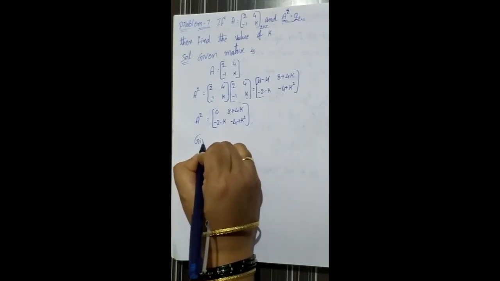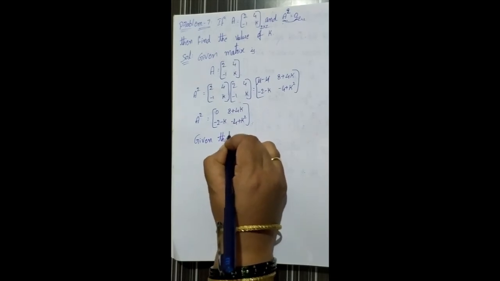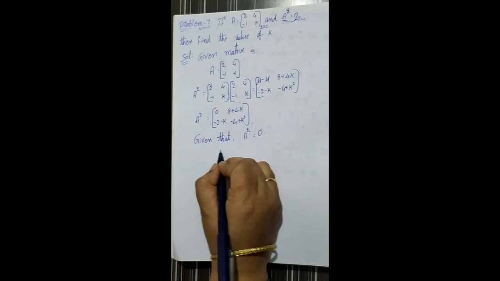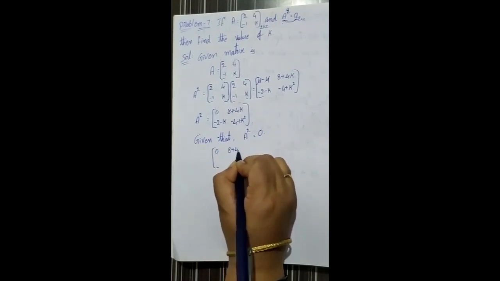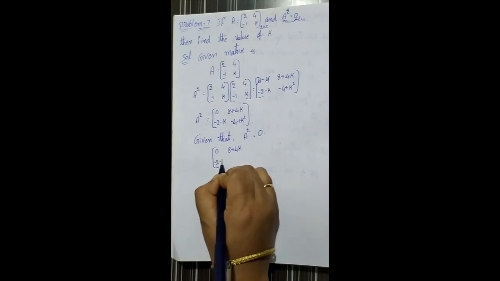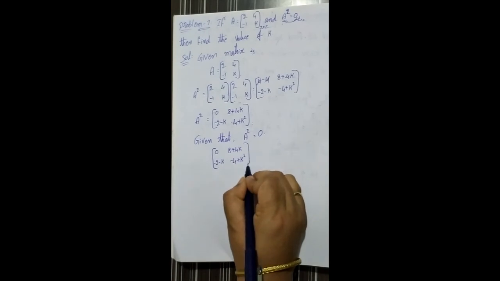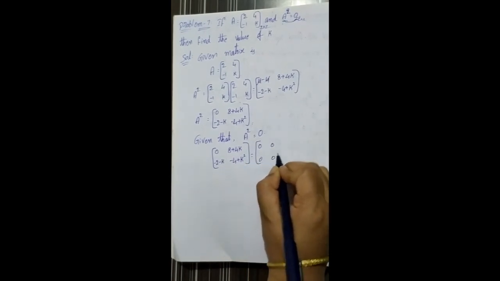And also the given condition in the problem is that A square equal to O. That means the A square value, 0, 8 plus 4k, minus 2 minus k, minus 4 plus k square, is equal to 0, 0, 0, 0.